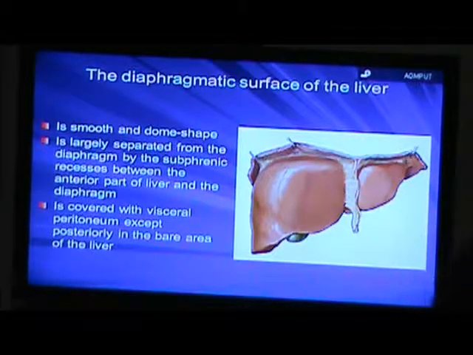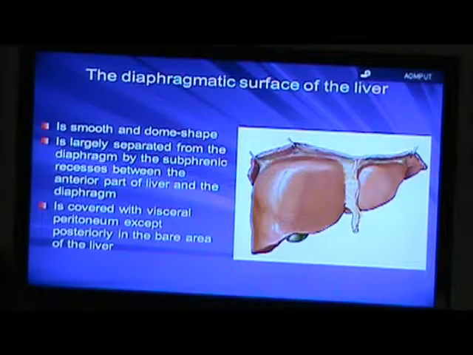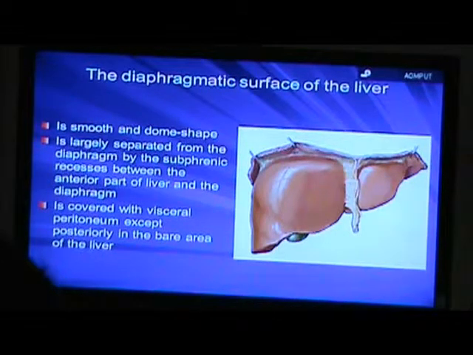The diaphragmatic surface of the liver is smooth and dome-shaped. It is largely separated from the diaphragm by the subphrenic recesses between the anterior part of liver and the diaphragm. It is covered with the visceral peritoneum, except posteriorly in the bare area of the liver. Soon we will see it.